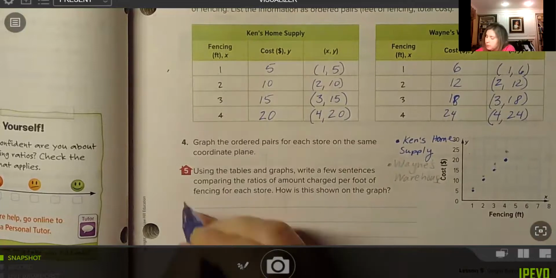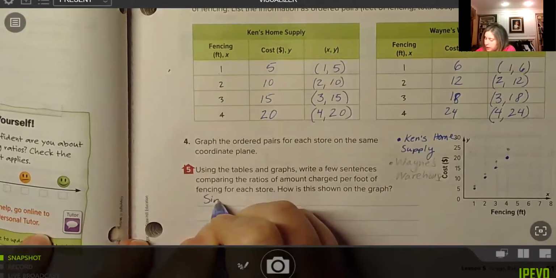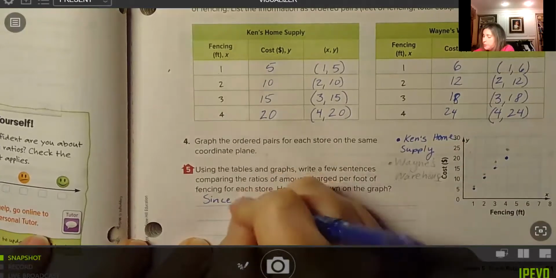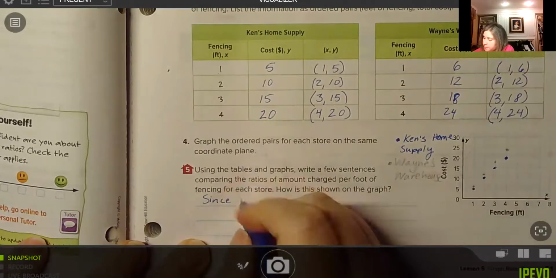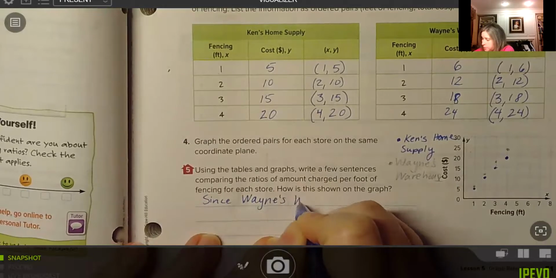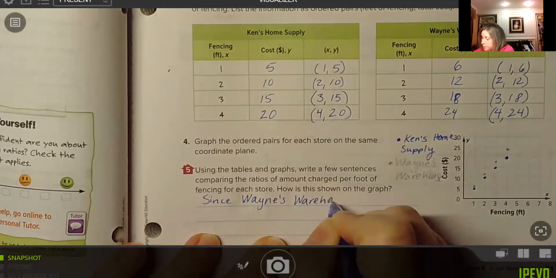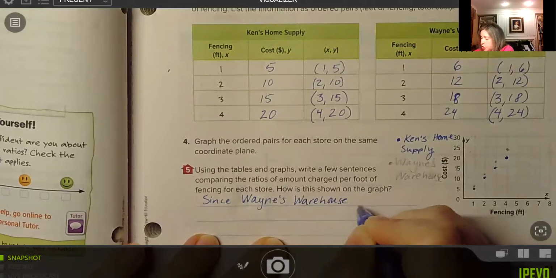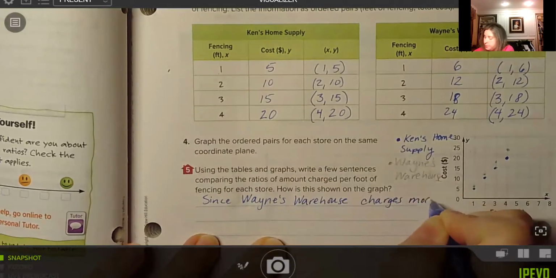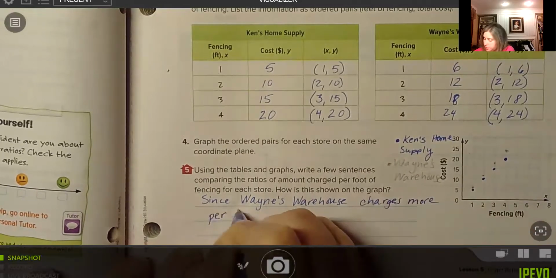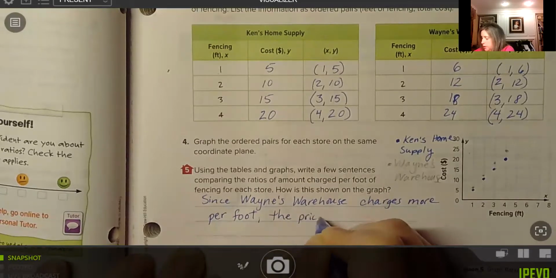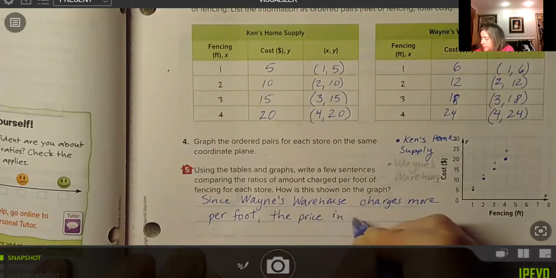So let's just go ahead and write that down. Since Wayne's Warehouse charges more per foot, the price increases at a faster rate.